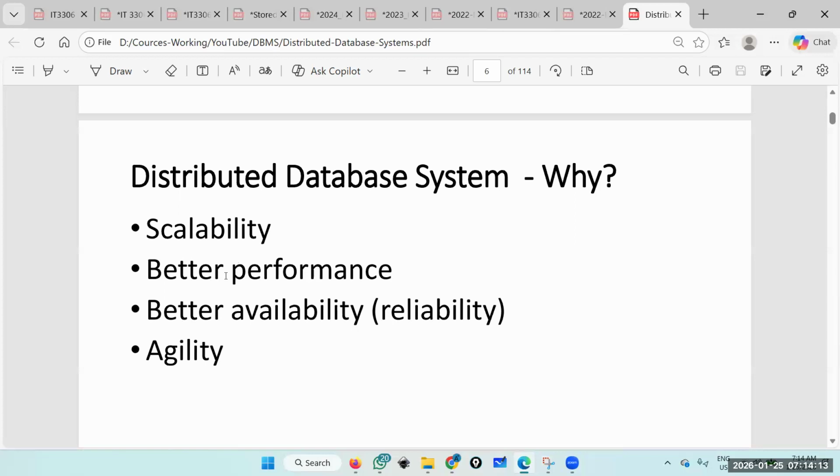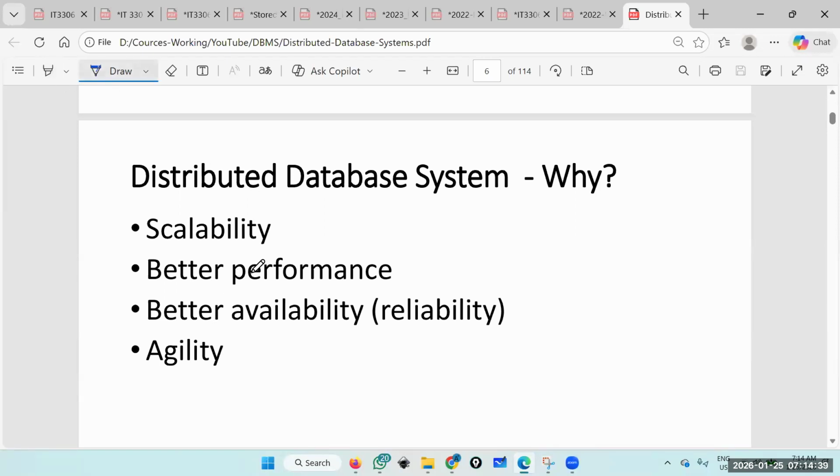And better performance, because maybe your database is not packed with all the data. A particular branch is having only the relevant data. Sometimes it can be less performant also, because maybe you need to get data from other databases. It depends on the way you use it.